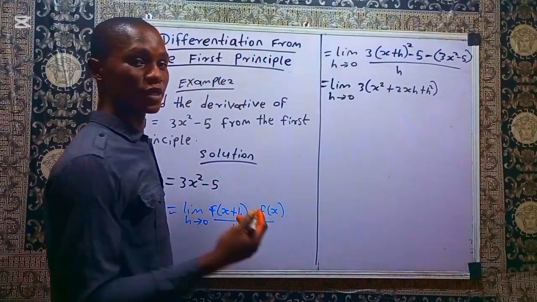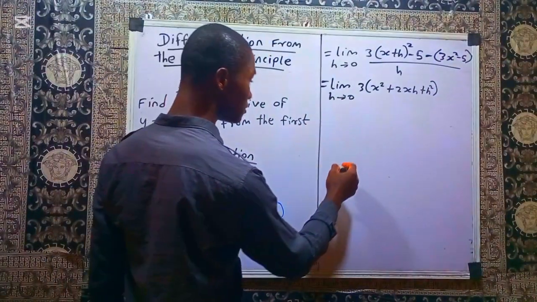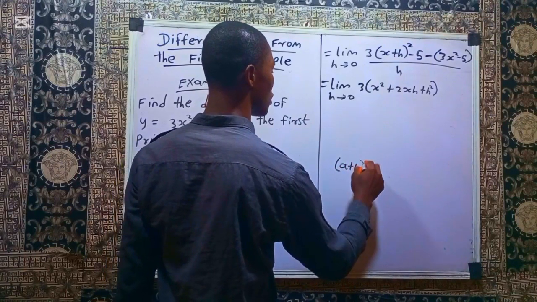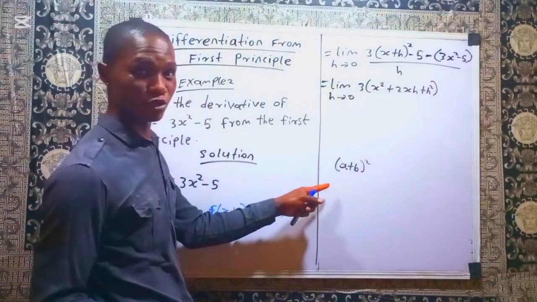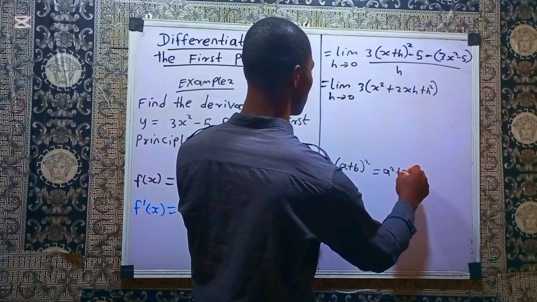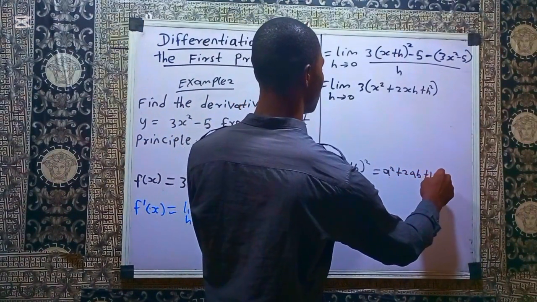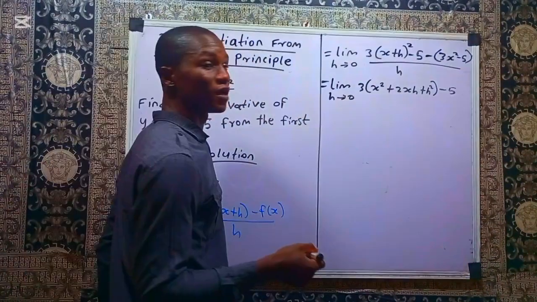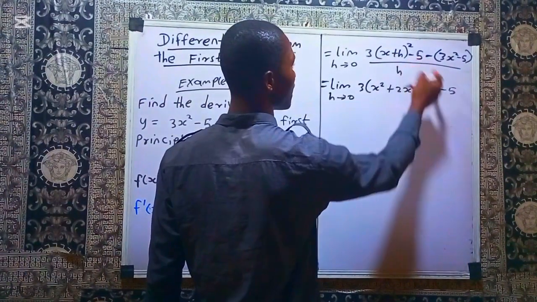There is not enough space, but if you have a plus b all squared, if you expand it, it will give you a squared plus 2ab plus b squared. So if you expand it, then I've written this minus 5.